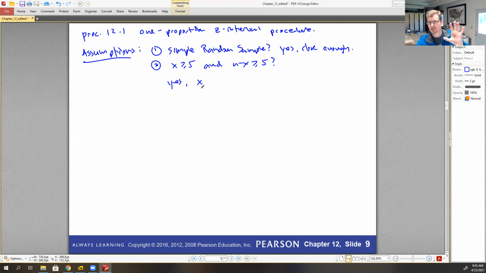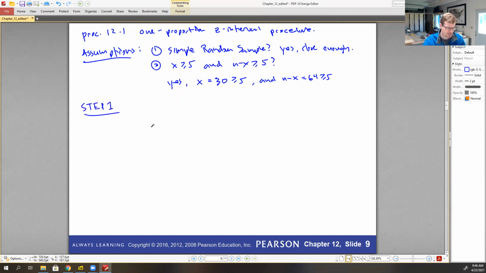We don't desire to die, but that's the characteristic we're interested in at this time. X, 30 people died, which is greater than or equal to 5. And n minus x would be 94 minus 30, so that would be 64. And of course, that's greater than or equal to 5 as well. So I've said yes, it's satisfied. We can see that.